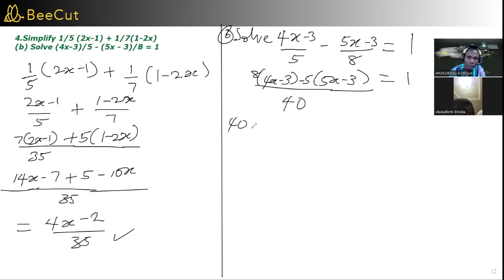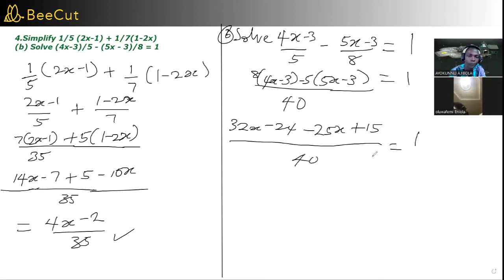That is 32x, 8 times 4 is 32, minus 24, then minus 25x plus 15. Why plus? Because of minus times minus, which is plus. So that is over 40 equals 1.